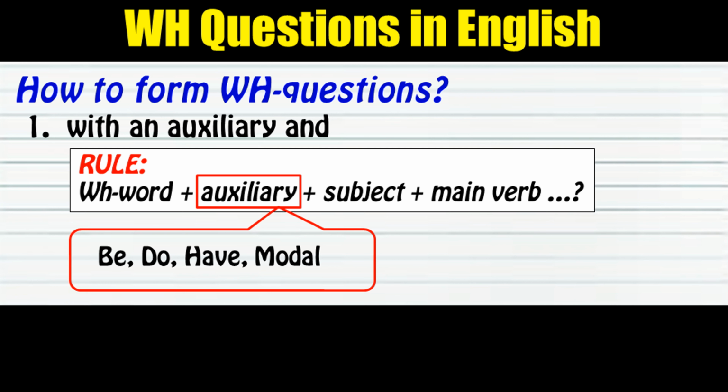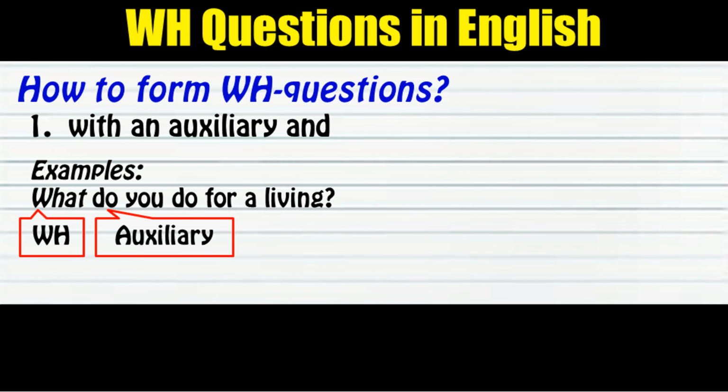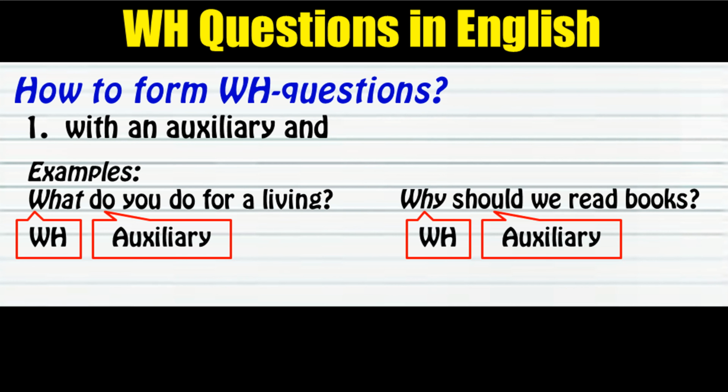Common auxiliary verbs include be, such as is, am, are, was, were, etc. Do, have, English modal, such as will, shall, would, can, could, must, should, may, might, etc. Examples. What do you do for a living? Why should we read books?